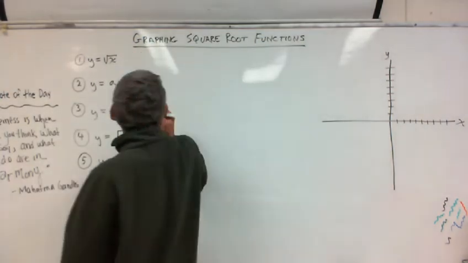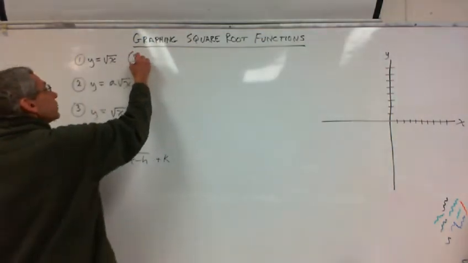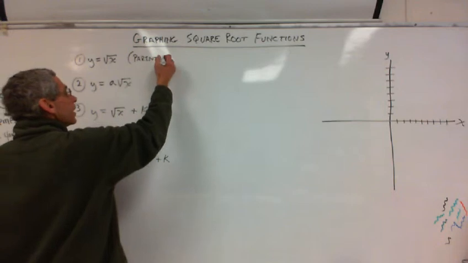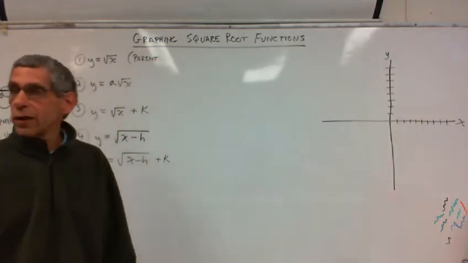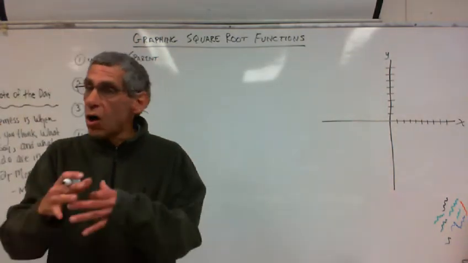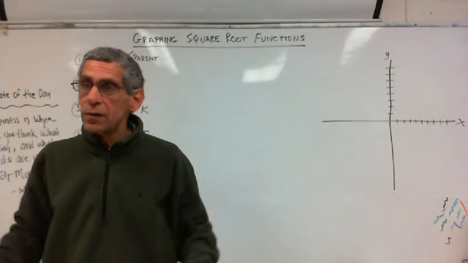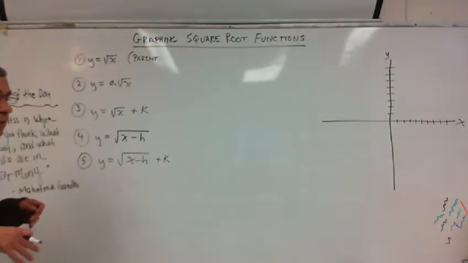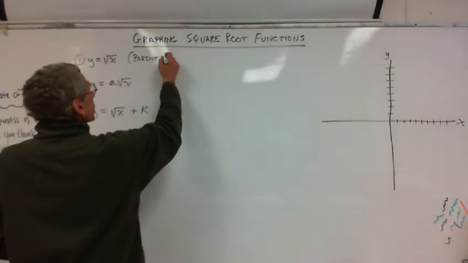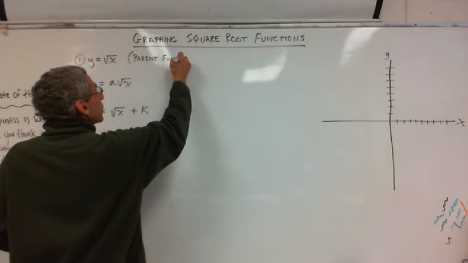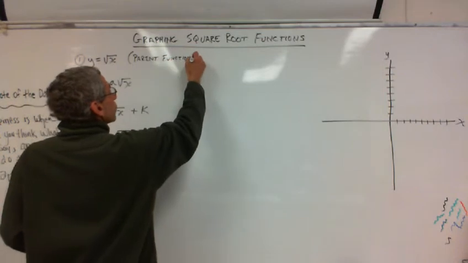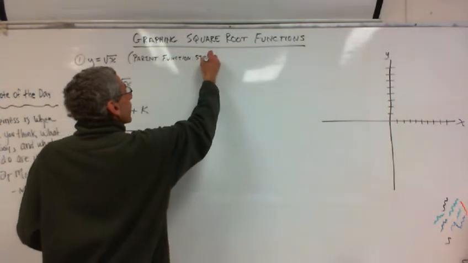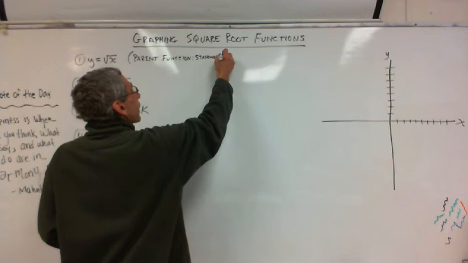That's the parent function. Just like standard parabola guy, y equals x squared, is the parent function for all of the quadratics, this is the parent function, or we could call him the standard root guy.